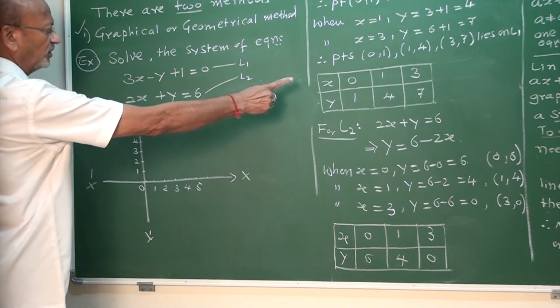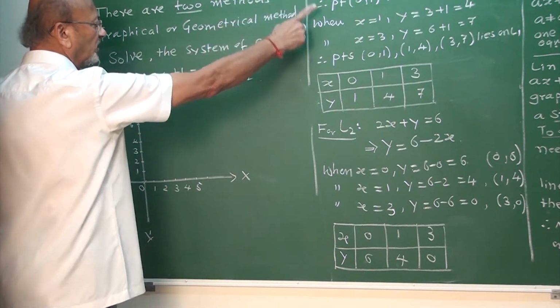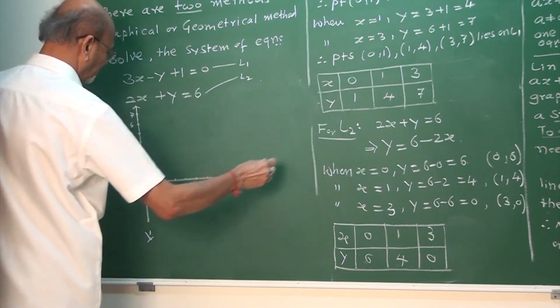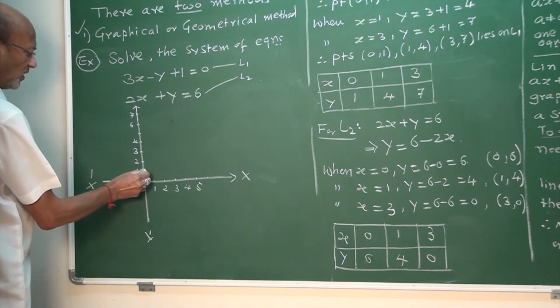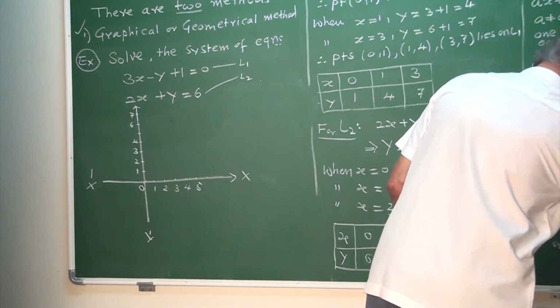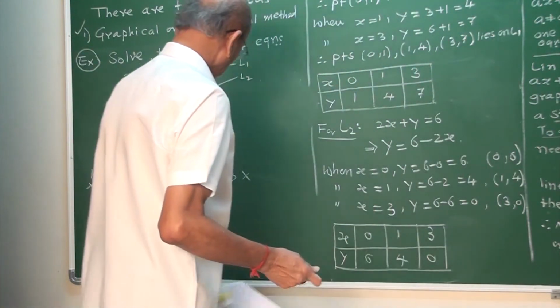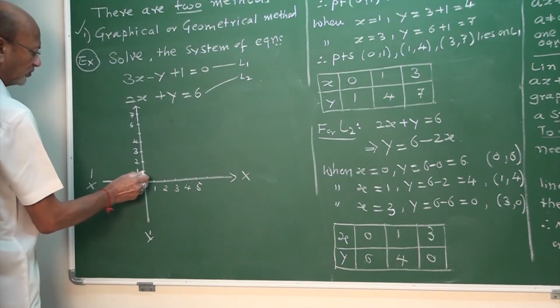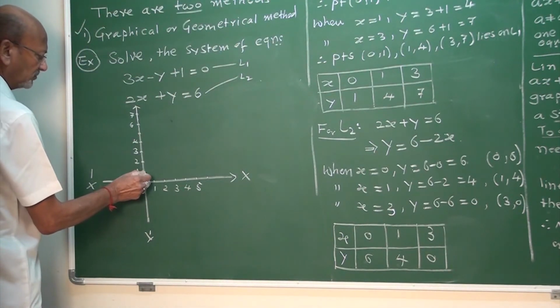What is the first point for L1? For L1, when x is 0, y is 1. This is the first point.